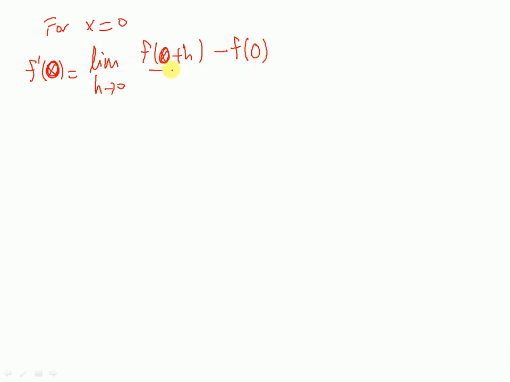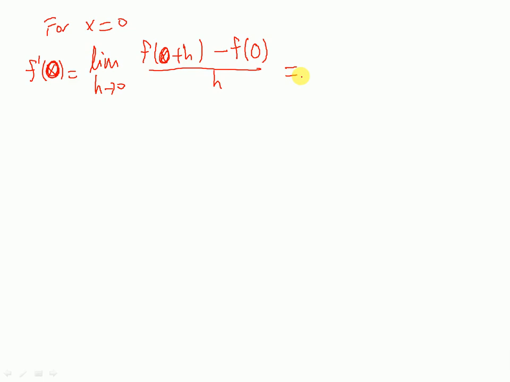So for x equal to 0, we want to find f prime of 0. This is the limit as h goes to 0 of f of x plus h. Because x is just equal to 0, we can plug in 0 here, minus f of 0, which is 0, over h.